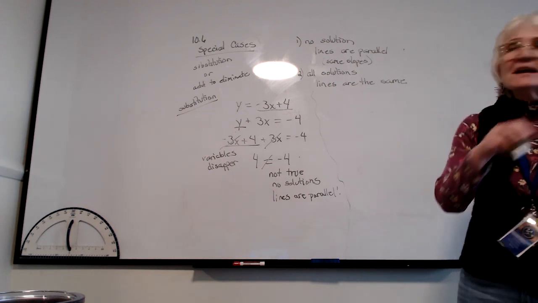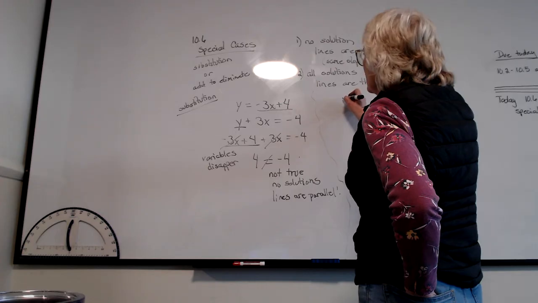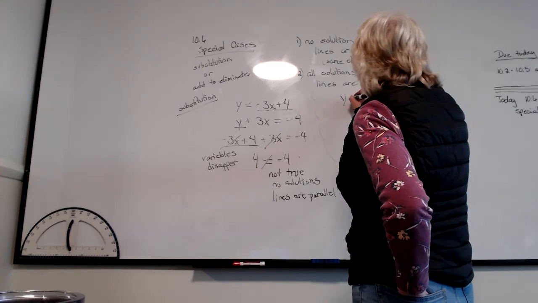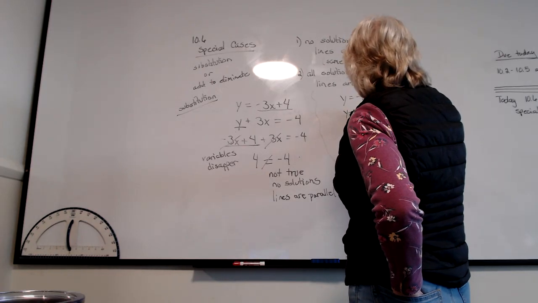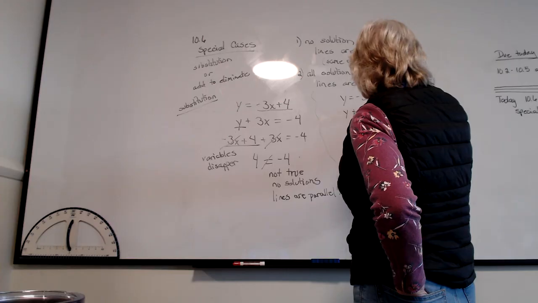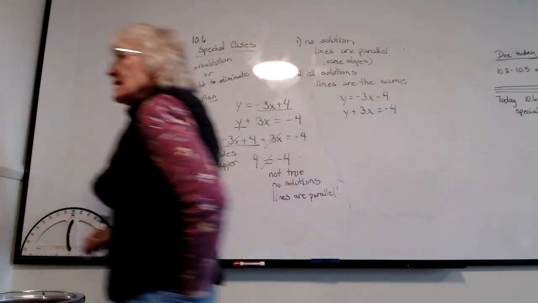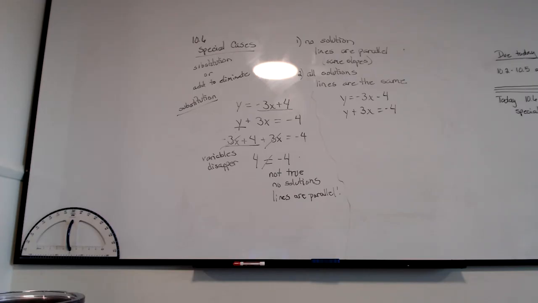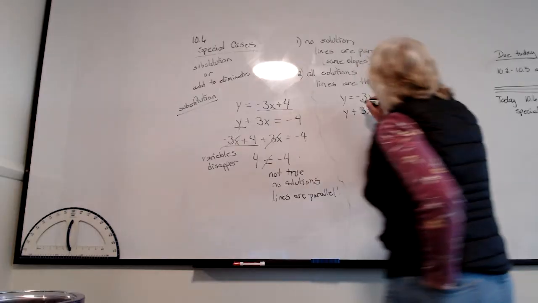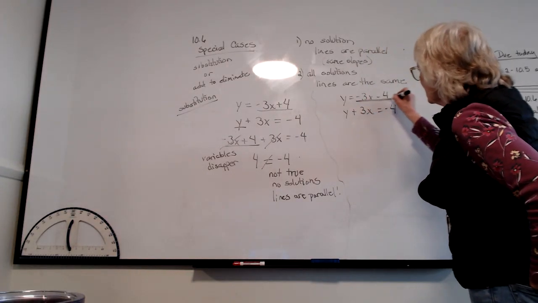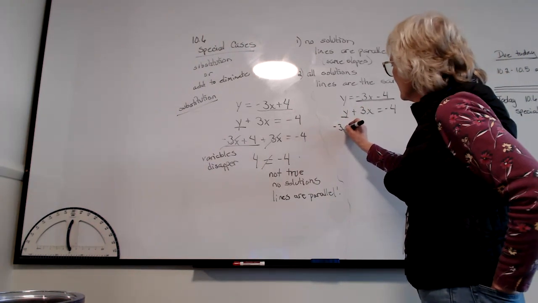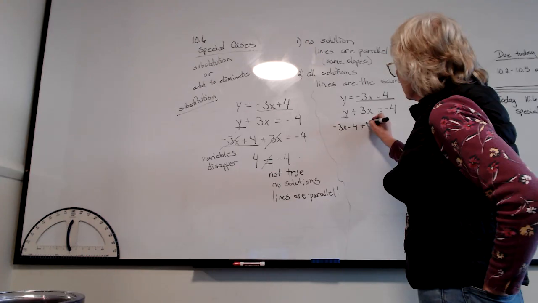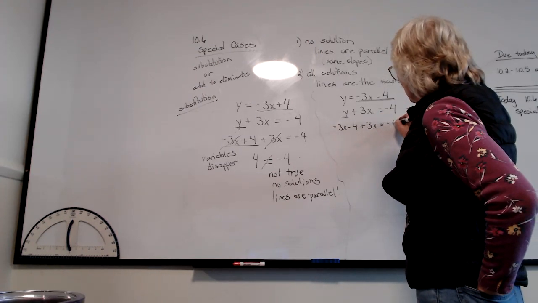So we're going to make it that way now. We're going to say that y equals negative 3x minus 4, and y plus 3x equals negative 4, and those are really the same line. We're going to substitute in, because negative 3x minus 4 is the same as y. So I'm going to get negative 3x minus 4 plus 3x equals negative 4.